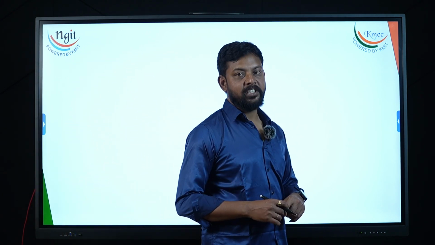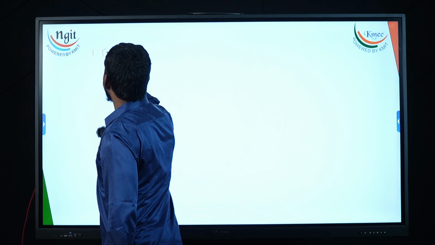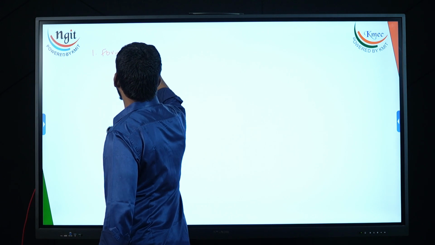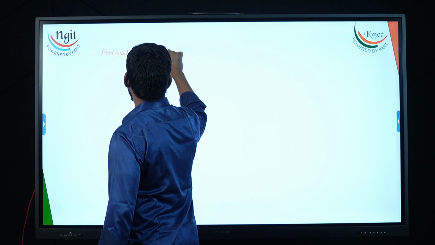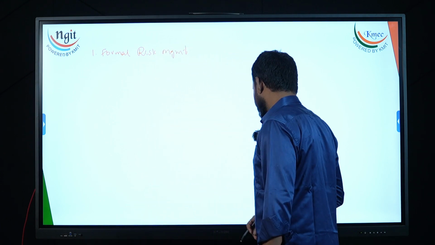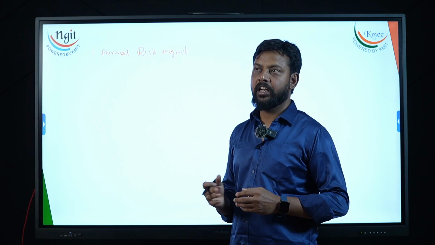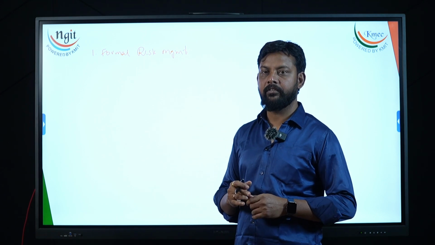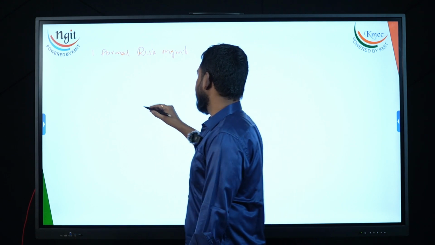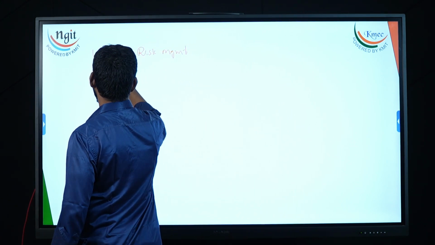First is formal risk management. This principle is going to confirm that the risks associated with your project are very minimal or formal in nature. Second is agreement on interfaces.